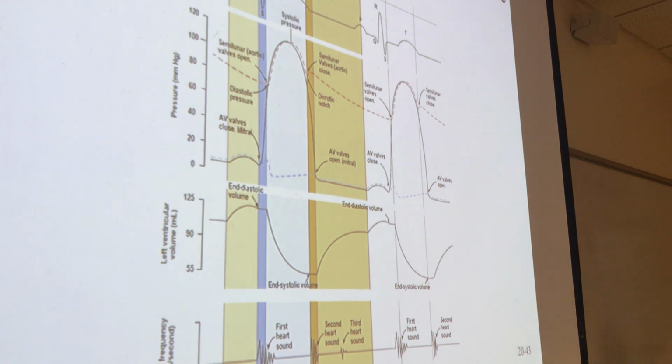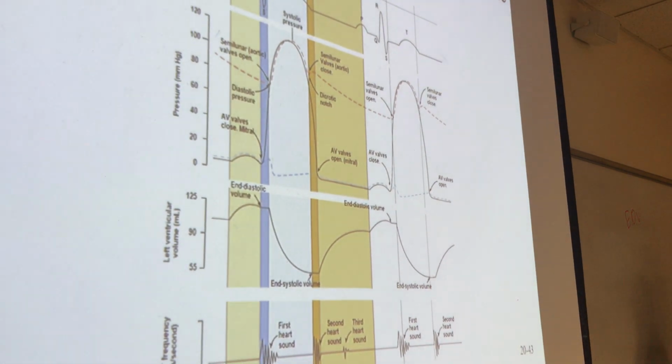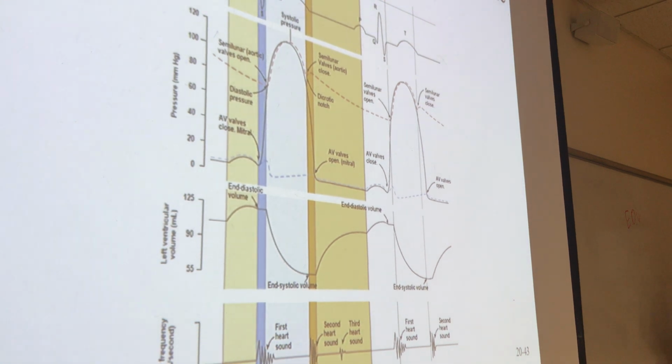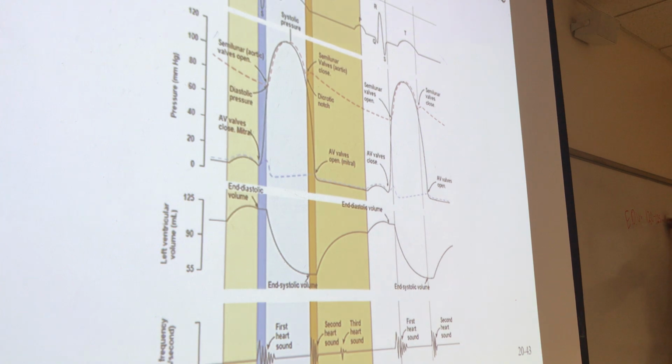Now the crazy thing is this. Usually, we start off with something called our end diastolic volume. That's this right here. That's the volume of blood before we contract. 120 to 125 mLs at rest.